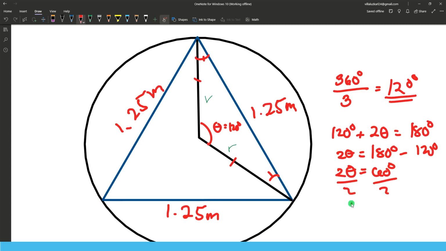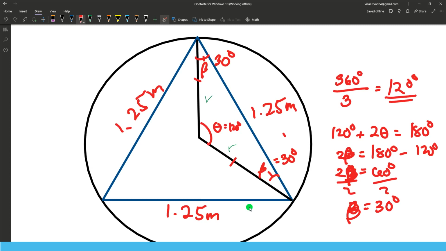Divide both sides by 2, and we have 30 degrees on each side. Let me use beta so that we don't have confusion. This is beta, beta: 30 degrees here, 30 degrees right here.